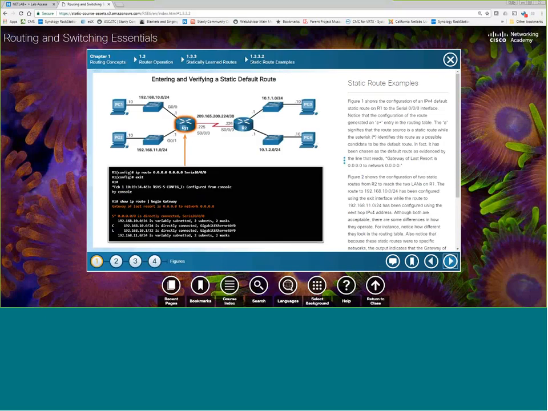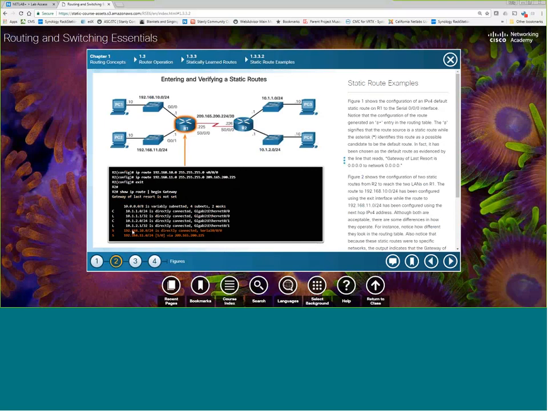So here's your example. R1, IP route quad 0, outgoing interface. Pretty simple. If I don't know how to get to it already, send it to R2. Now, I already know how to get to the 10 network, the 11 network, and the 209.165.200.224/30 subnet. You can see here it is.